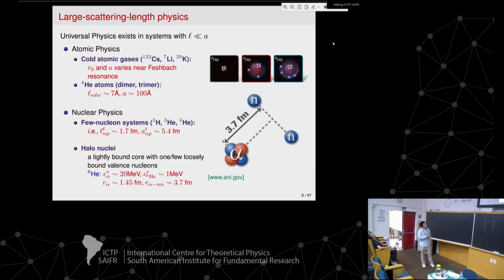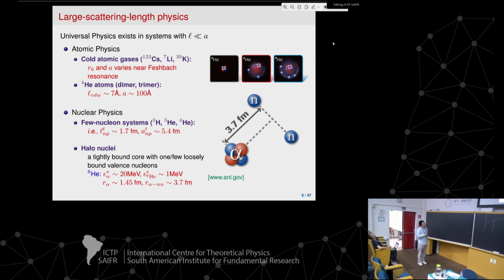Another example, which is what we want to talk about today, is halo nuclei, because we just mentioned in the morning that they have a tightly bound core with a few loosely bound valence nucleons surrounding it. Let's take helium-6 as an example. The core excitation energy is 20 MeV, so you need 20 MeV to excite the helium-4 to basically break up into either a proton and triton or a neutron and helium-3.